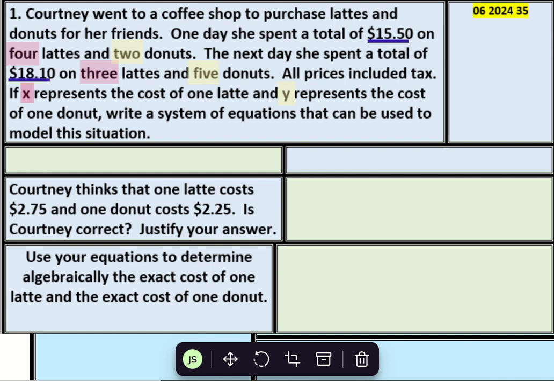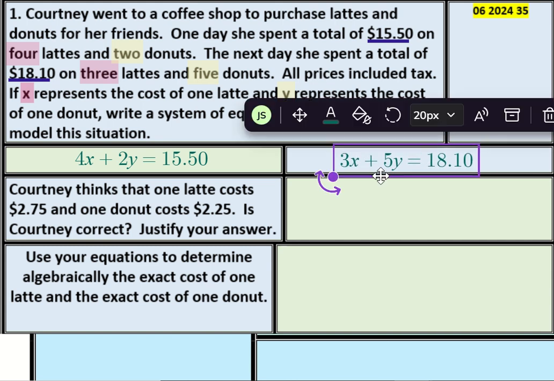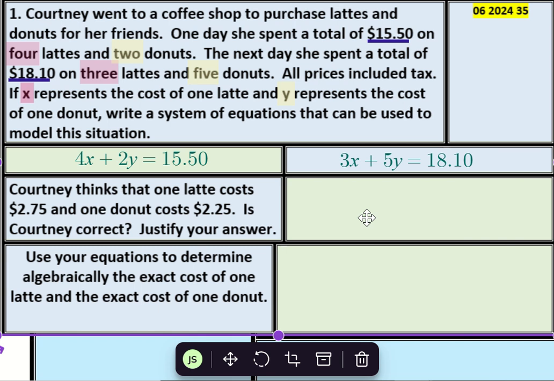That's our first equation. Now for our second equation, it says that 3x, 3 lattes, plus 5y equals 18.10. That's our second equation. So now we're well out of the gate, actually writing our system of equations, and we can move on to the next step.